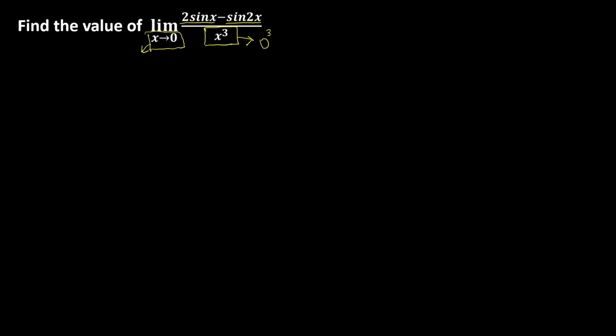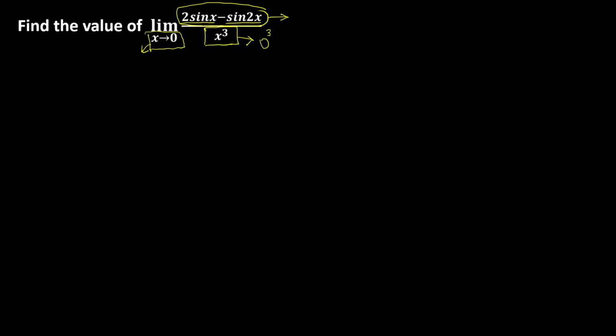That means in step 2 I will try to get equal degree of sine or tan in the numerator. Since I see a lot of sine in the numerator, my goal should be to get the degree of sine in the numerator as 3 using my trigonometric results. So let's see how we can do that.